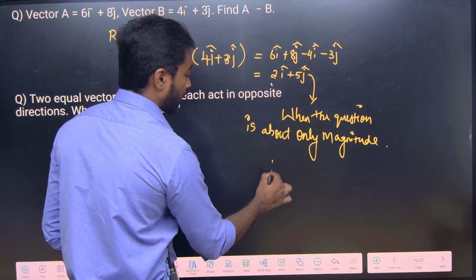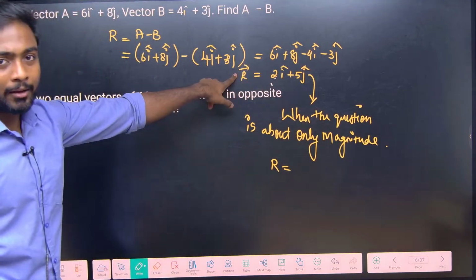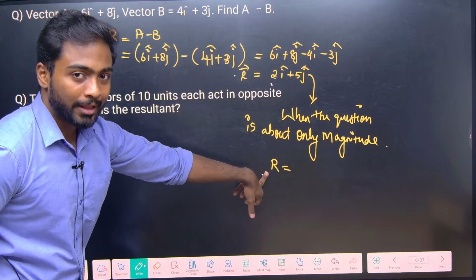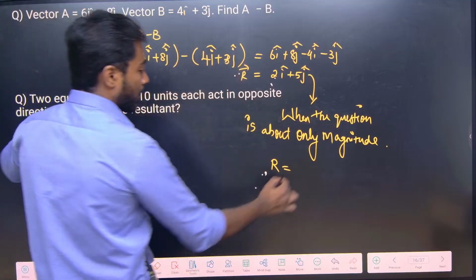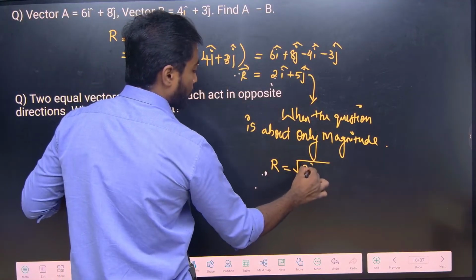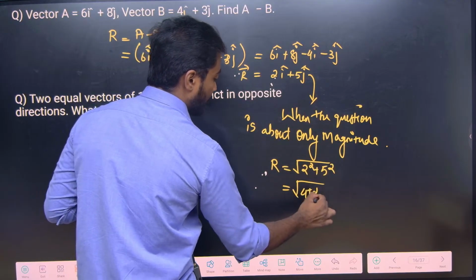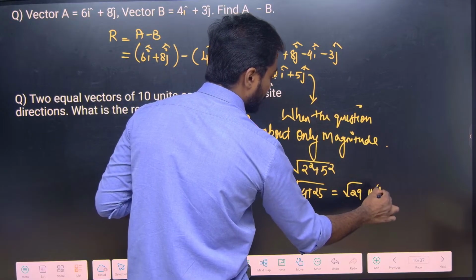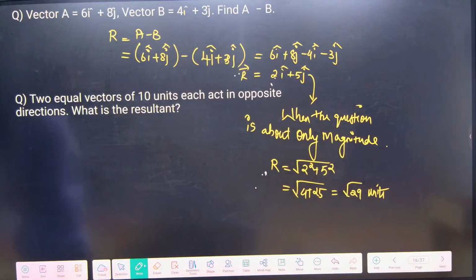Only magnitude means R will be equal to R, not R bar, so I need not represent the arrow here. So under root of 2 square plus 5 square, which gives us 4 plus 25, that is root 29 units. Okay, root 29 units, that's it.